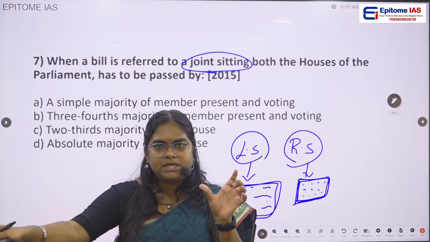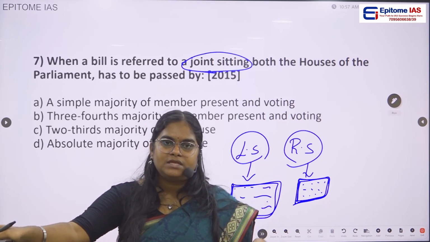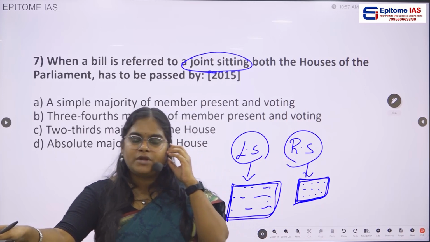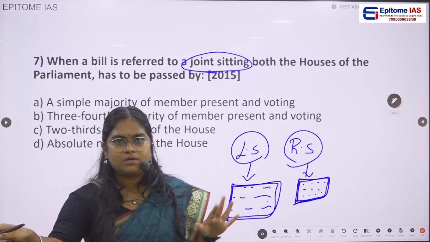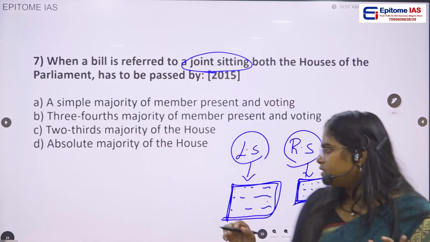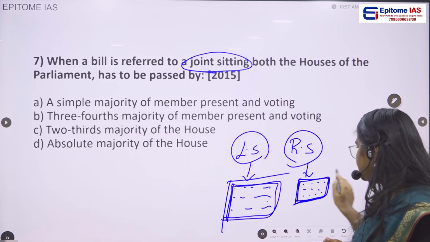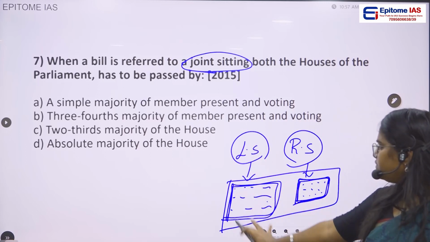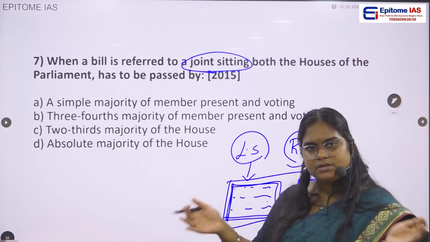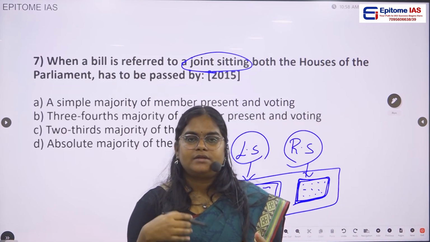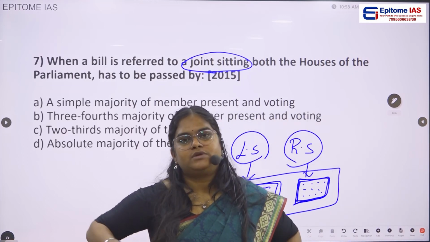In this case, a deadlock will be created, and if this bill is an important one that must be passed, the President will call for the joint sitting. In the joint sitting, the people from Lok Sabha and the people from Rajya Sabha will sit together, and they will try to pass the same bill.